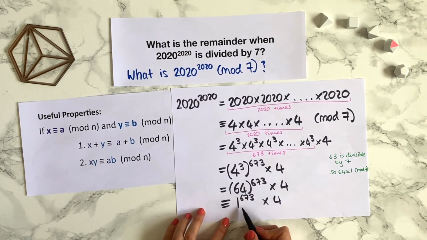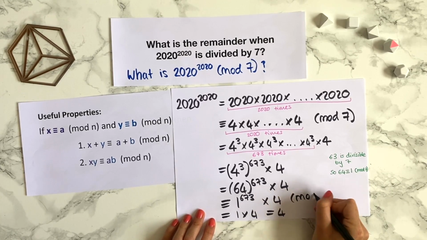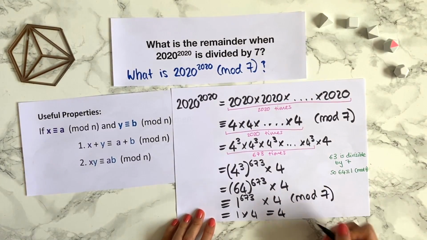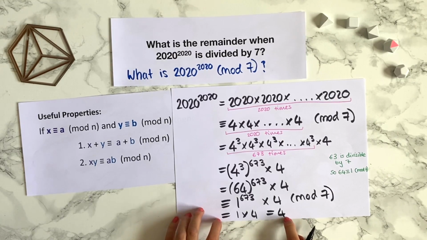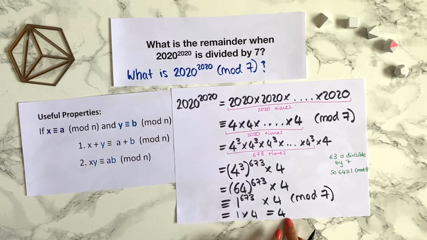Now 1 to the power of anything is going to be 1, so this is equal to 1 times 4, and that is of course 4. I should write mod 7 here to show where I've used modular arithmetic. So that's our answer. We've shown that 2020 to the power of 2020 is congruent to 4 modulo 7.